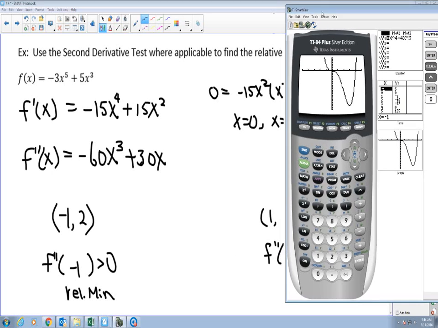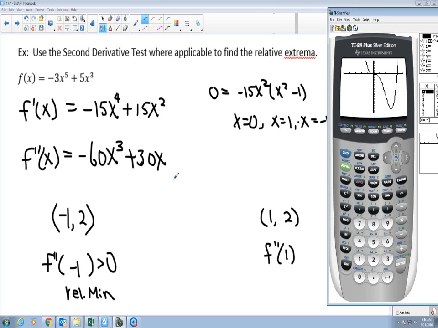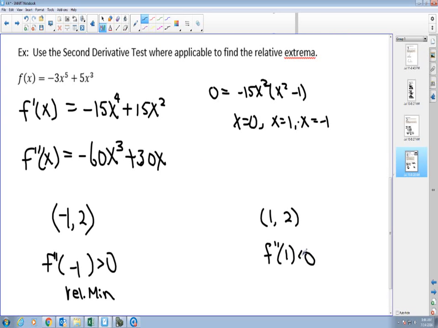I'm going to put it in the calculator. f double prime of 1: that's negative 60 times 1 to the third, which is still 1, so negative 60, plus 30 times 1, which is 30. This time it's negative 30, so the value is actually negative. But the y value is positive because this 2 is coming from the original function. We need to plug the negative 1 back in here. So if it's less than 0, that's a relative maximum.